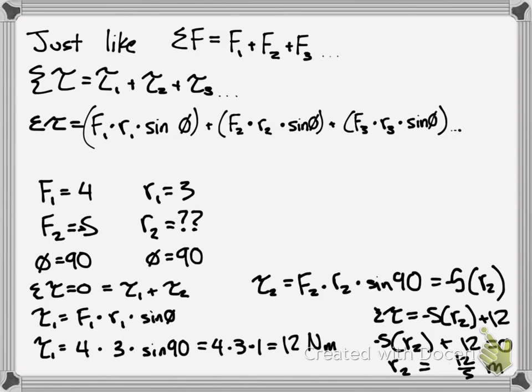Okay, no, excuse me. You end up getting that R2 is 12 over 5 meters, because since we had said that 5 was negative in the beginning, you get that the net torque is -5 R2 plus 12 is equal to 0. Okay, sorry about that.